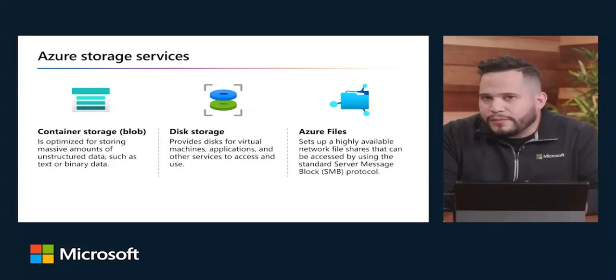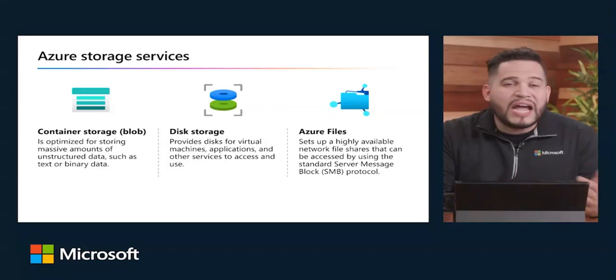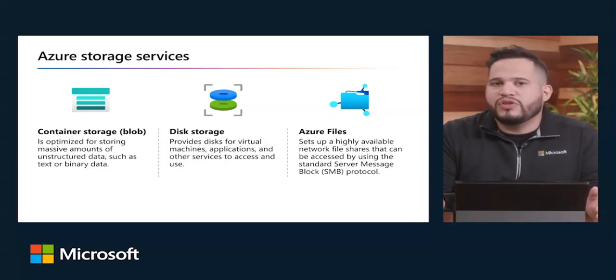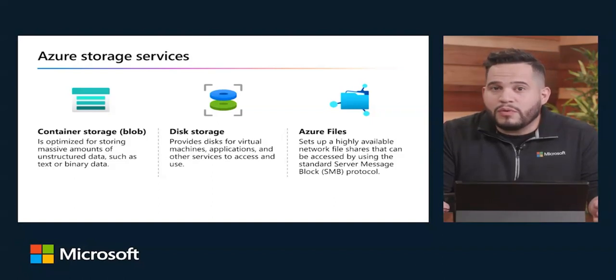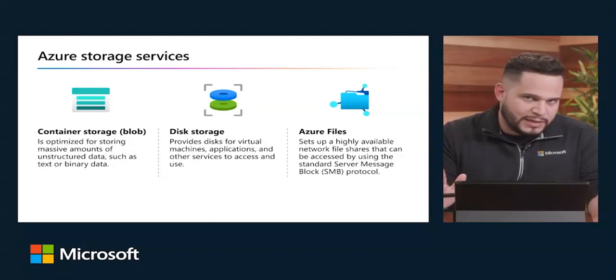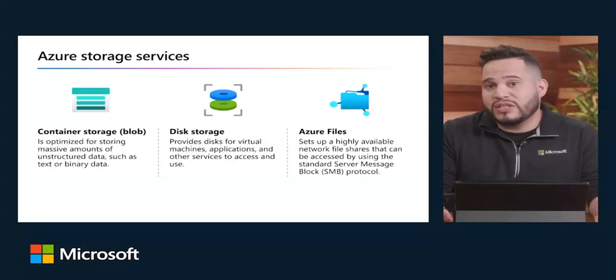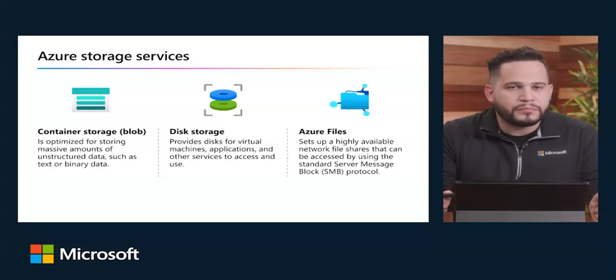And then finally, we have Azure Files. Now, Azure Files is very, very similar to the file share that you would have in your on-premises environment. Azure Files offers fully managed file shares in the cloud that are accessible via the industry standard Server Message Block Protocol, SMB, or Network File System Protocol, NFS.